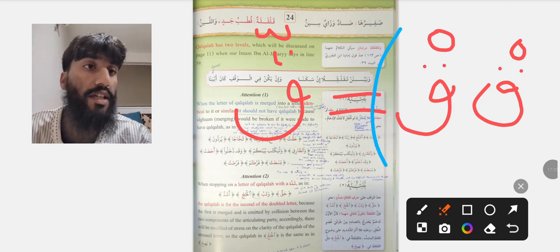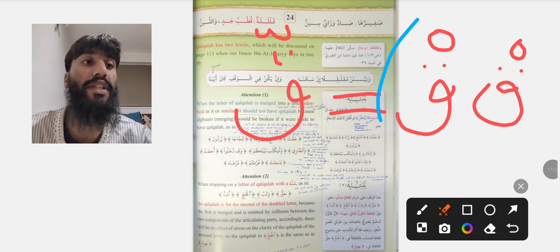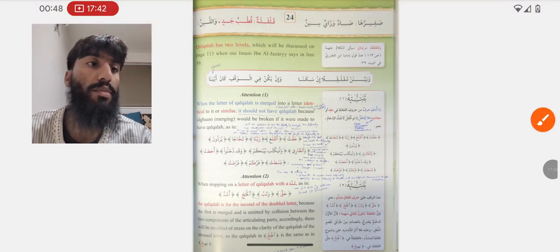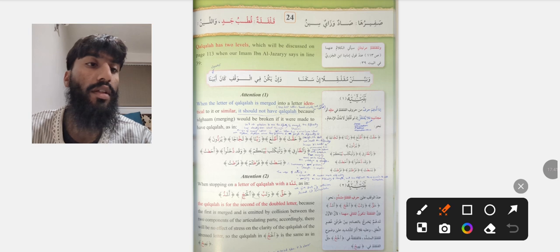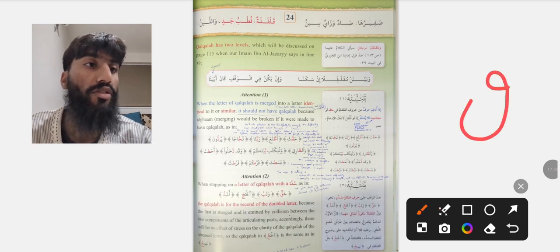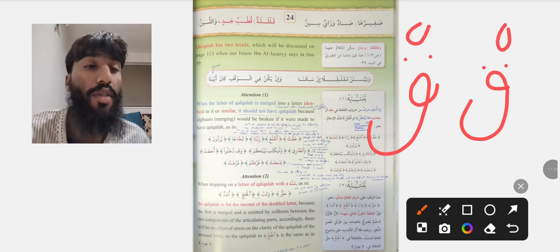Then for the second letter, that has qalqala now, because now you're actually stopping here, right? You're stopping there. Right, you stopped on the second qaf. And now there is qalqala on that one.